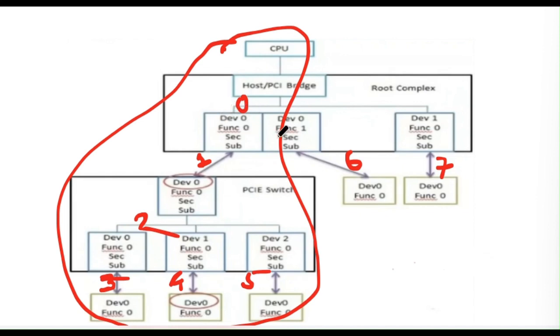Here we have device 0, and device 0 has two functions, function 0 and function 1. According to the rule, the first device enumerated on any bus is numbered D0, so on bus 1 we have enumerated this device as D0.